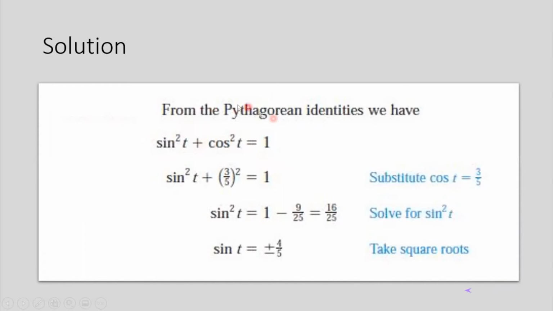That's the condition. And since we have this formula, we can substitute the value of cosine t, which is 3 over 5, into this expression. Okay?